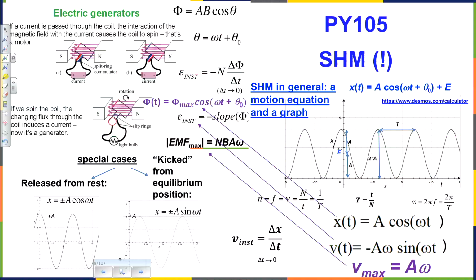For example, this is just a copy from a slide. If position changes in time like cosine, velocity will be sine. That will be the maximum value of velocity.